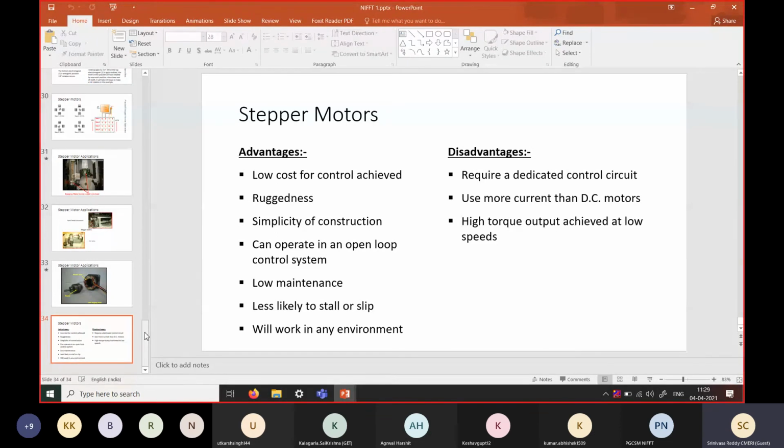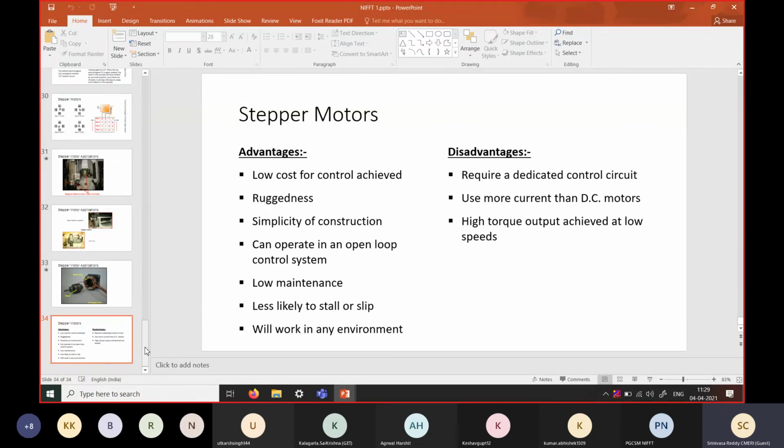Then we moved on to different strategies to control the speed of DC motors. Then we briefly discussed the servo mechanism and servo motors, and how we can communicate a signal to a servo motor and achieve the desired position and speed.